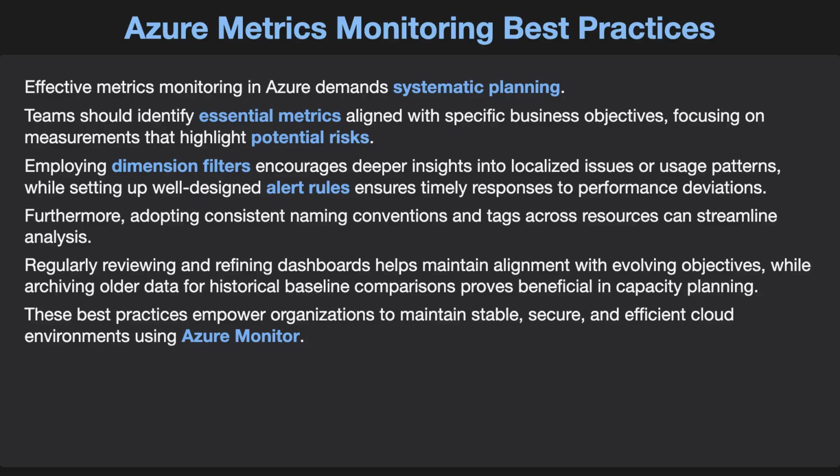Furthermore, adopting consistent naming conventions and tags across resources can streamline analysis. Regularly reviewing and refining dashboards helps maintain alignment with evolving objectives, while archiving older data for historical baseline comparisons proves beneficial in capacity planning. These best practices empower organizations to maintain stable, secure, and efficient cloud environments using Azure Monitor.